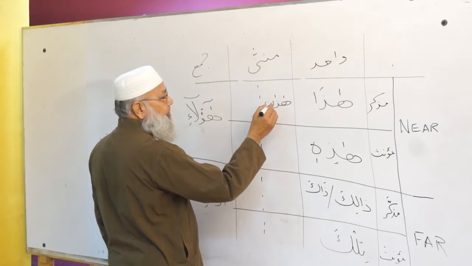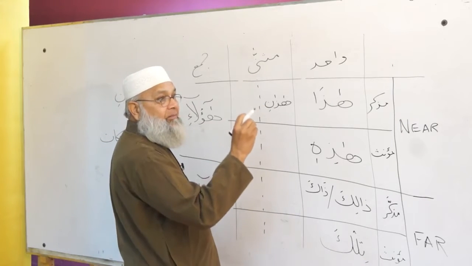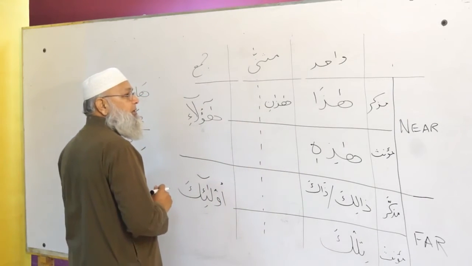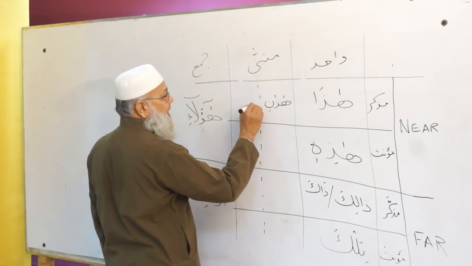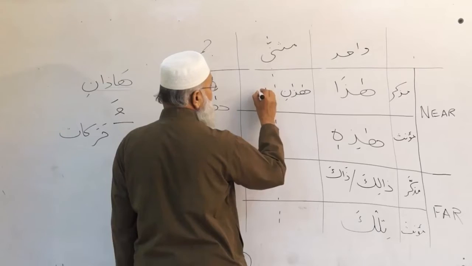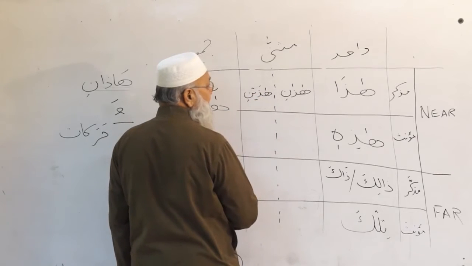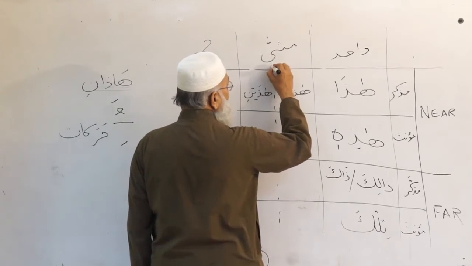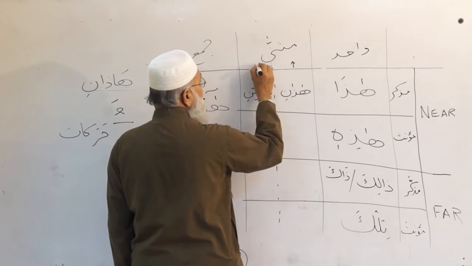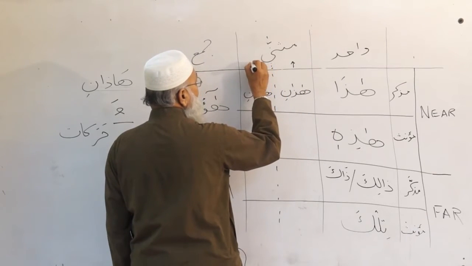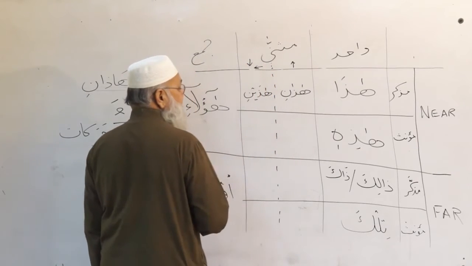Now, musanna in the rafa form is ani, and musanna in the nasab and jar form has to end at aini. So this will become hadaini. Okay? So this is rafa form, and this is nasab or jar form.